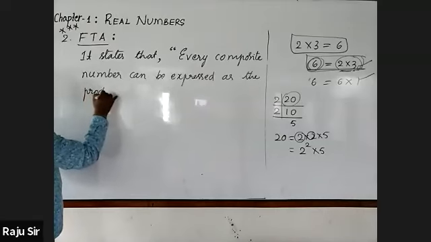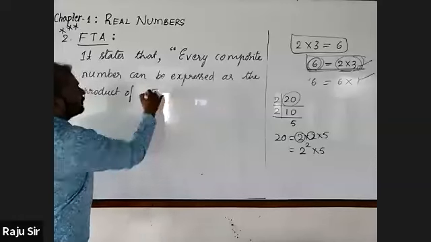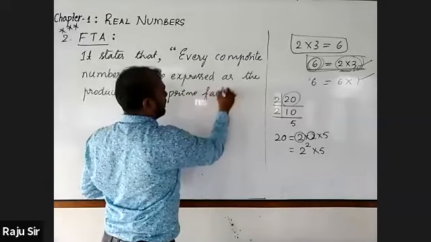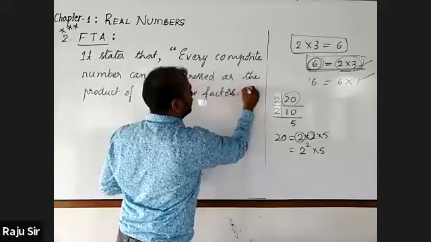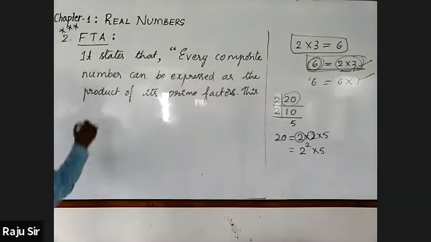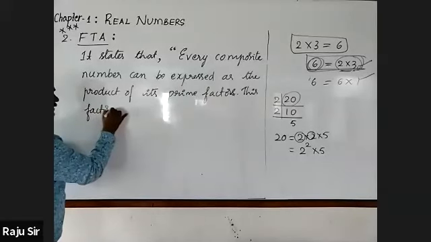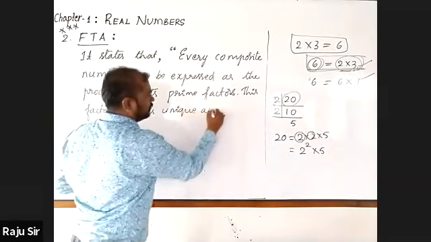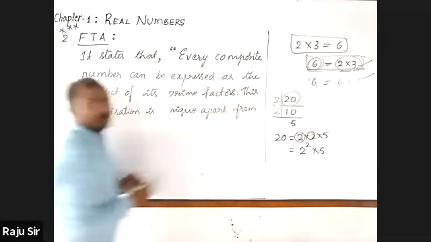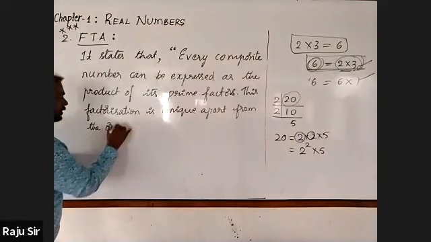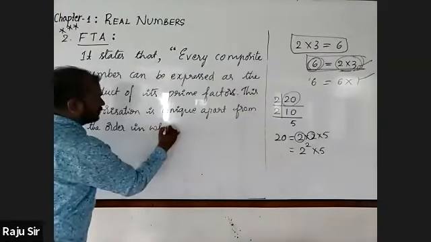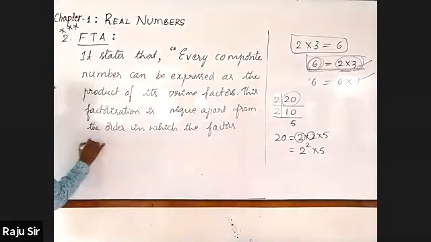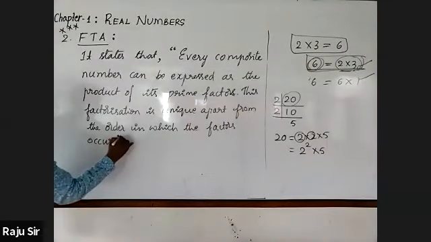Then put a full stop and write: this factorization, nothing but prime factorization, is unique apart from the order in which the factors occur. Close with an inverted comma and put a full stop.